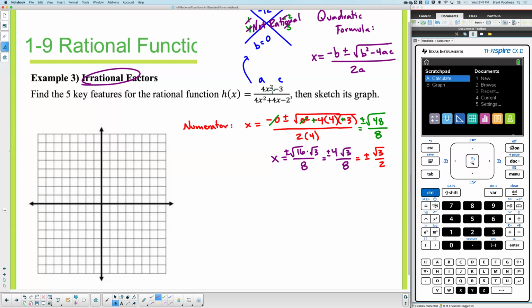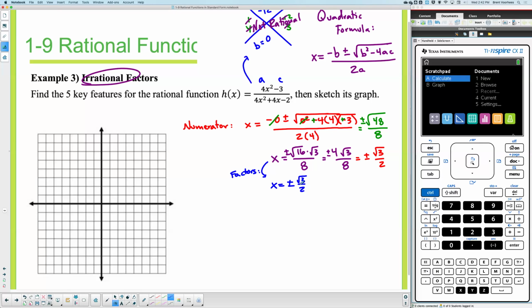Quadratic formula solves the zeros. So if that's the zeros, then the factors would become these. Remember, the factors, you cannot have a denominator. How do you get rid of a denominator? Let me actually just rewrite this first. If those are the zeros, the square root of 3 over 2. How do you get rid of your denominator?